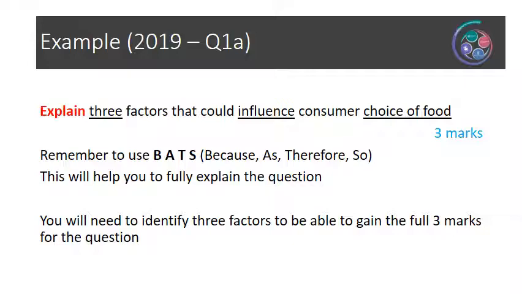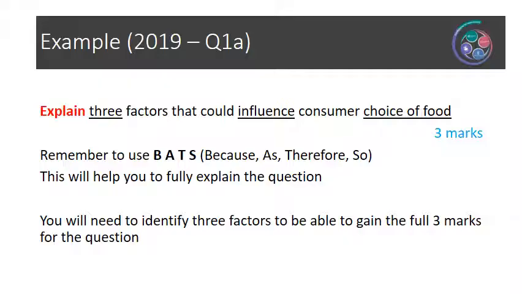An example of an explain question is as follows. This question was taken from the 2019 paper and it's question 1A. Explain 3 factors that could influence consumer food choice. So the command word is explain, so you need to ensure you use either because, as, therefore, or so in your answer.